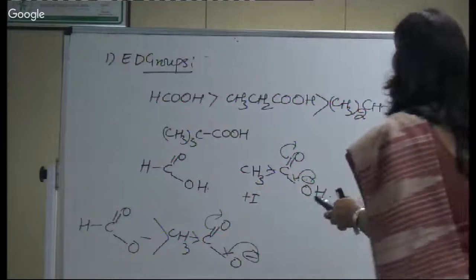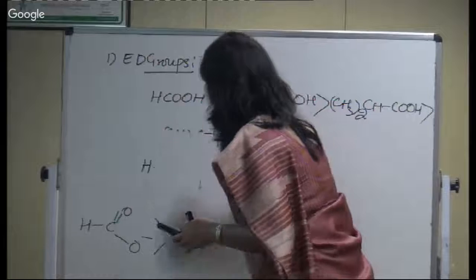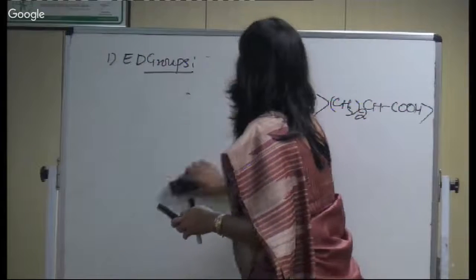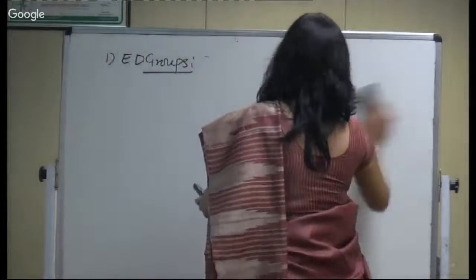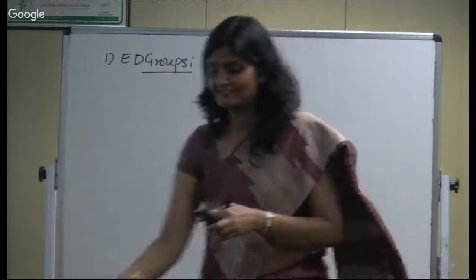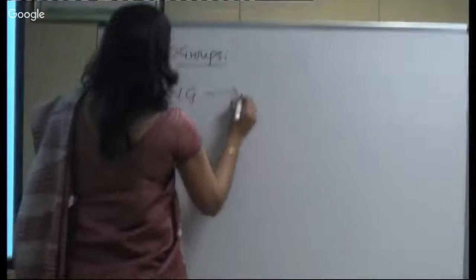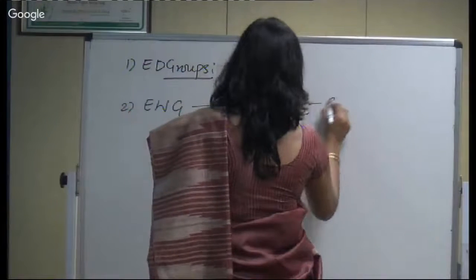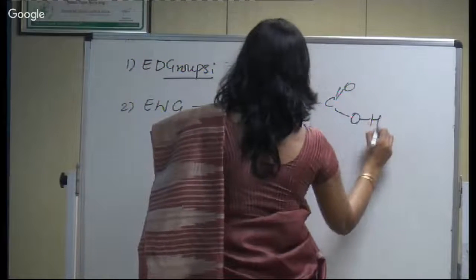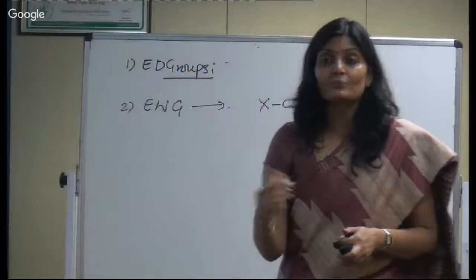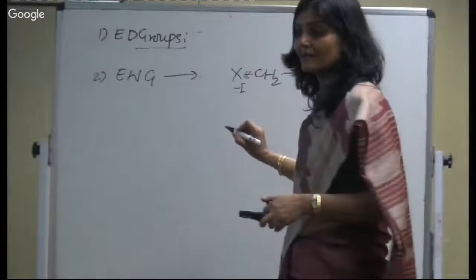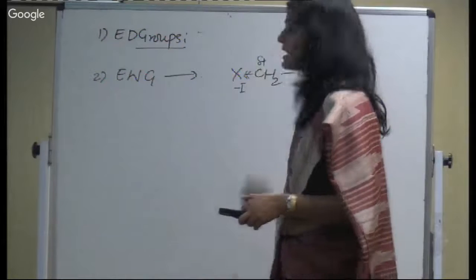Let us go to the electron withdrawing group. Now I just now said, if you have an electron withdrawing group attached to the alpha carbon, for example, which is withdrawing electrons by minus I, it will generate a positive charge on this carbon.